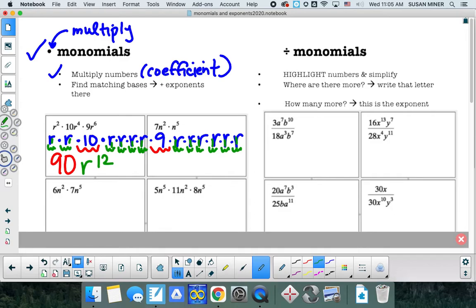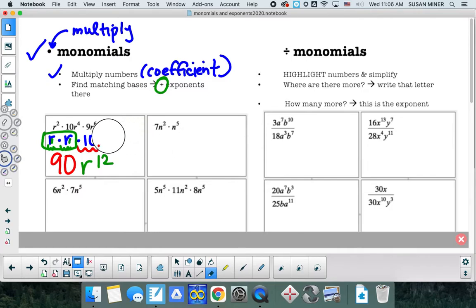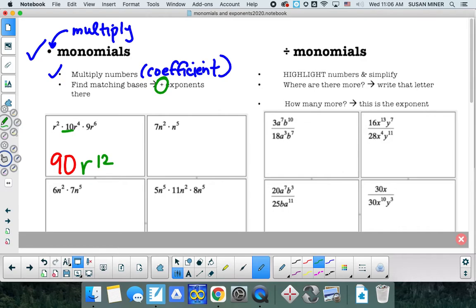The short version is I don't actually have to factor all of these things out like this to figure out how many r's I have altogether, right? I just have to add the number of exponents together. So the short version is first multiply my numbers. 9 times 10, that gave me the 90.